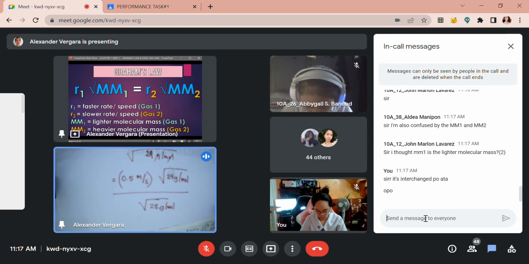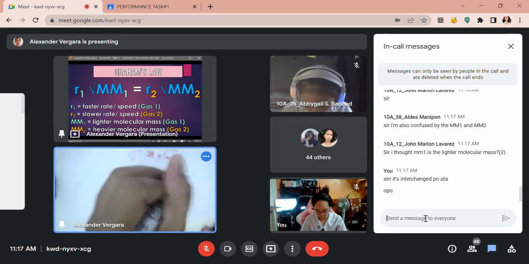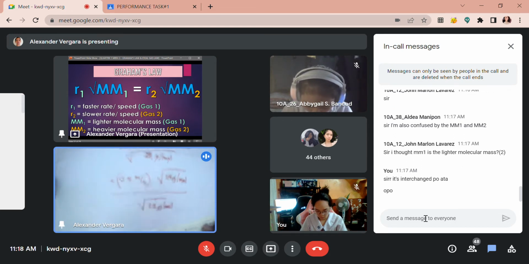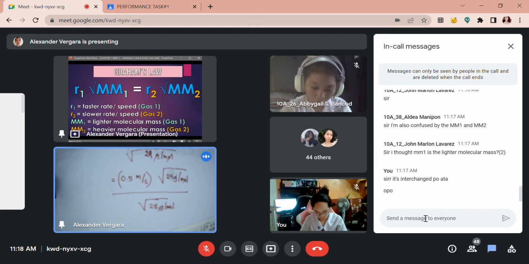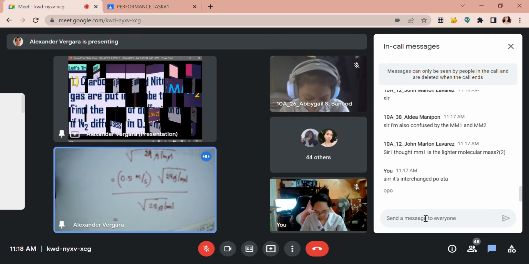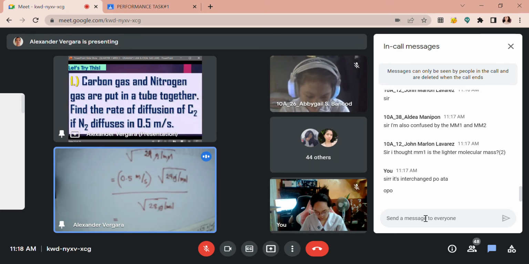So we need to cancel this part. This part also. So let's compute this one. 0.5 times the square root of 24 divided by square root of 28.